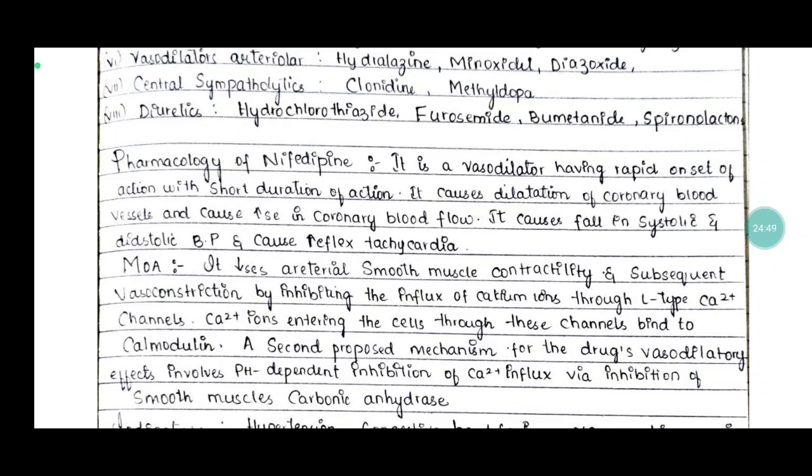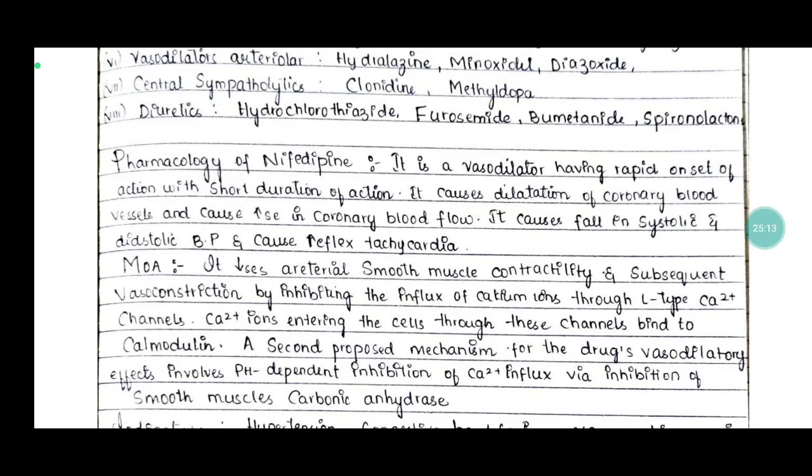So it causes a fall in both systolic and diastolic BP and causes reflex tachycardia. The mechanism of action of nifedipine: it decreases arterial smooth muscle contractility, by blocking the channels through which calcium ions enter the cells.